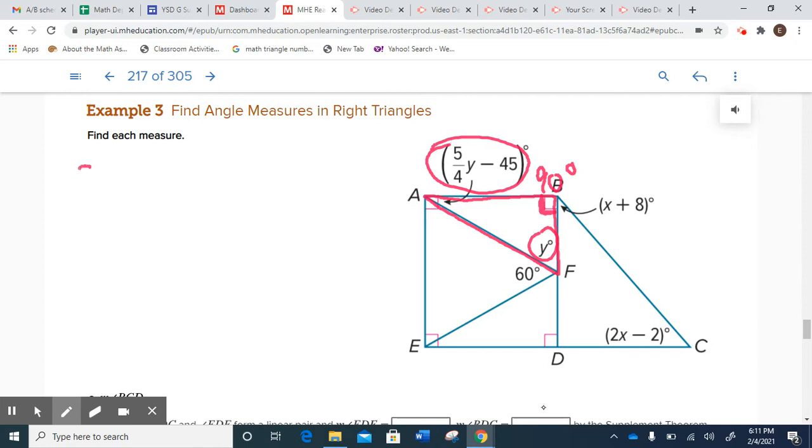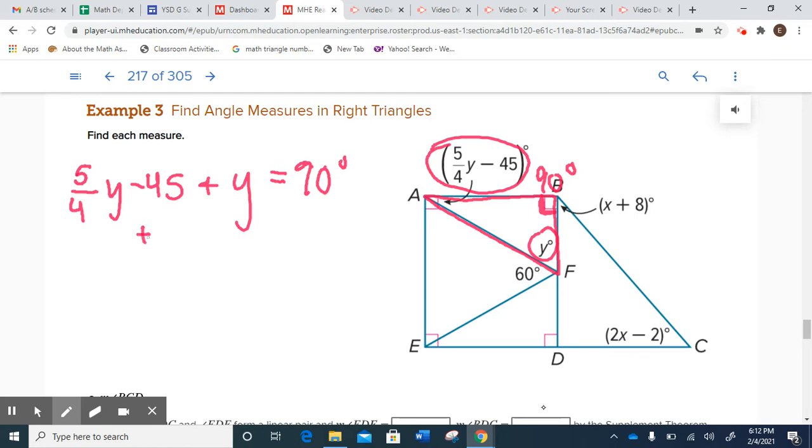So I'm going to go ahead and set up a formula using angle A, add it to angle F, which is Y, and we know the leftover of those two angles must be 90 degrees because angle B represents 90. So now we're going to go ahead and solve this one using some algebra.